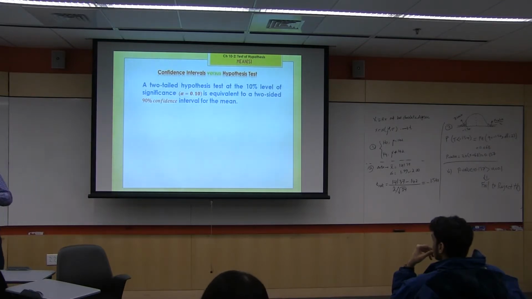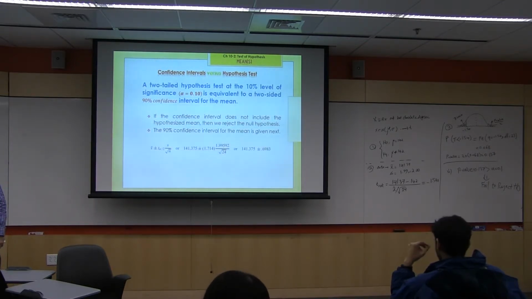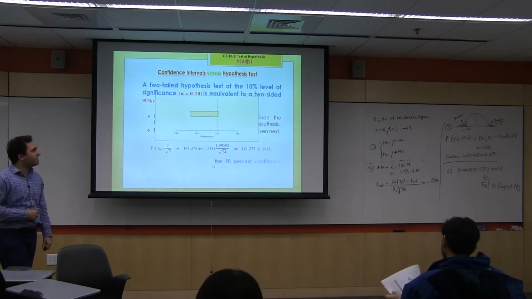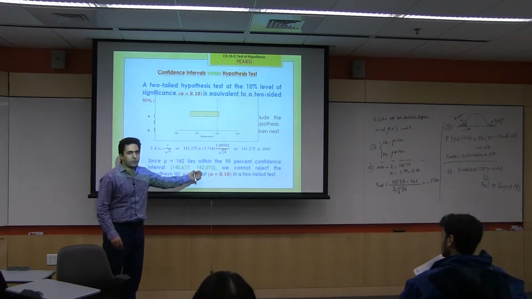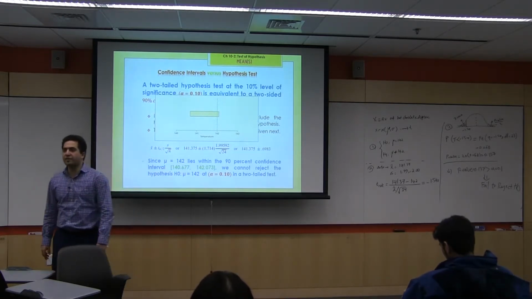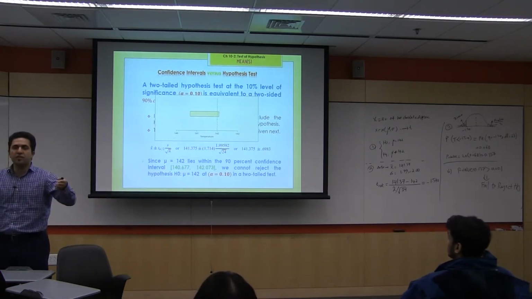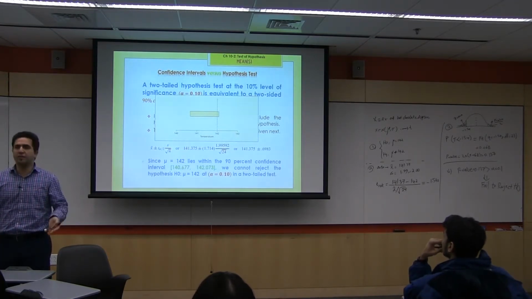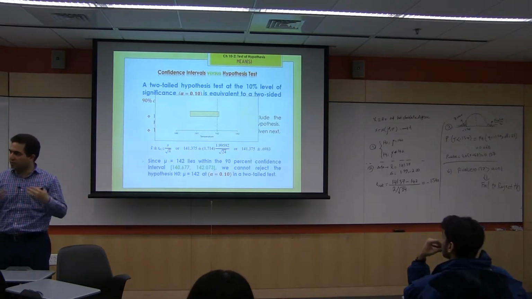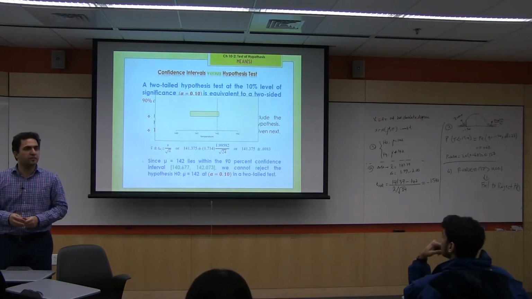When you get the confidence interval using the equations from chapter 9, you'll get a confidence interval between 140.6 and 142.07. What do you conclude? This range includes 142. Therefore, we can say the hot chocolate has a good temperature. The same conclusion as we got from the test of hypothesis.